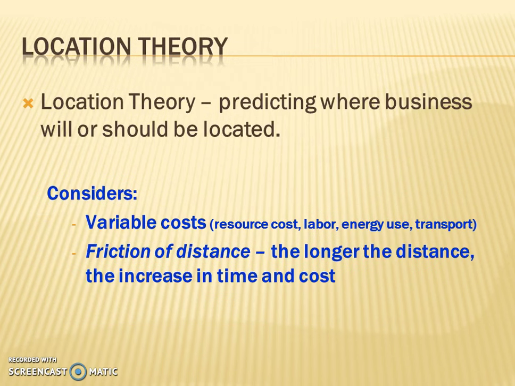In terms of location theories, that's where we predict where a business should be located. In this chapter, it's how to predict where a factory or an industry would be. We need to consider our variable costs. These are our resources, our labor costs, the energy use, and our transport costs, shipping. And the friction of distance theory comes into play here. The longer the distance, the increase in time and cost.